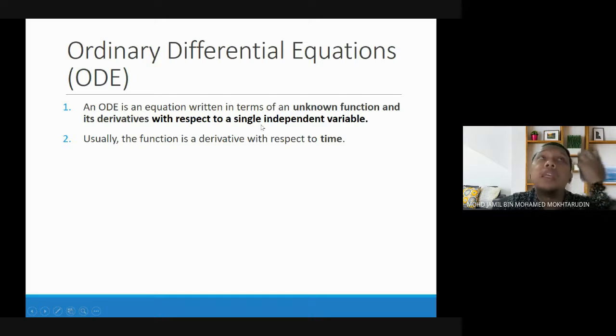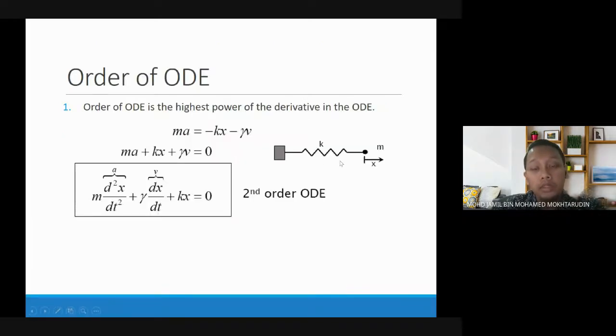So maybe in AC, you have learned about ODE that depends on time, for example, finding a displacement. Maybe you are familiar with this in subjects like AC, automatic control, or finite element method.